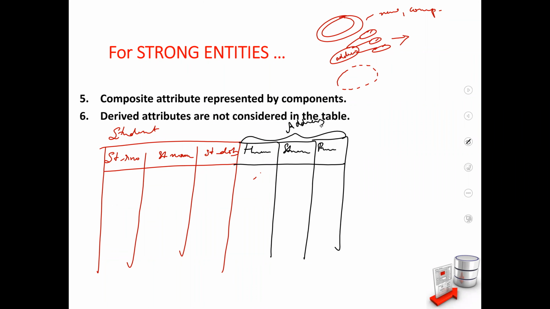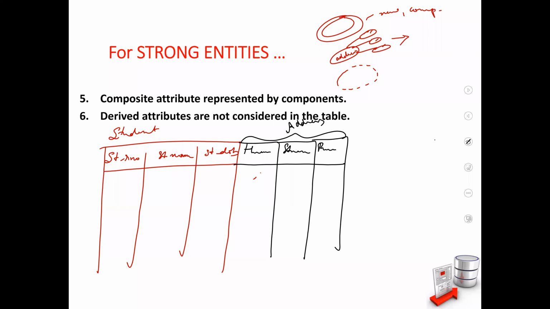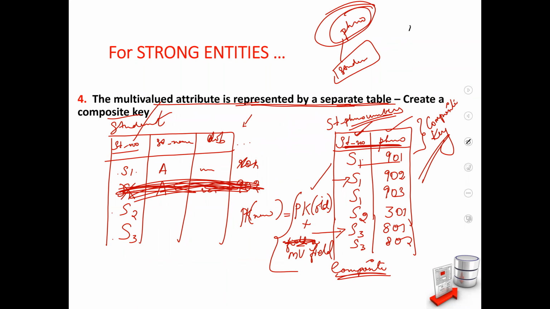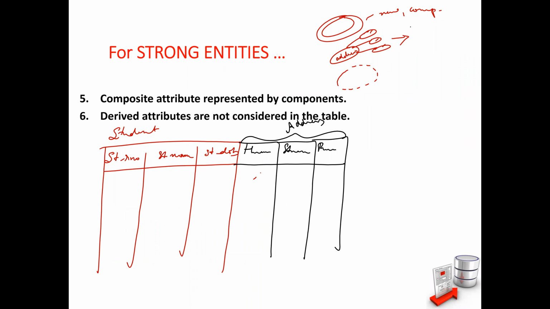That is one way in which you can do it. And the other way is, you can have each of the components as single fields. Okay, so we are done with that. No new table, and have it as fields. It is represented by the components.